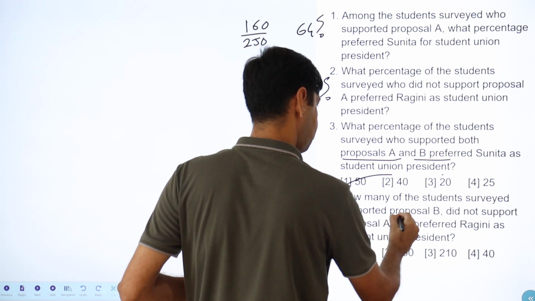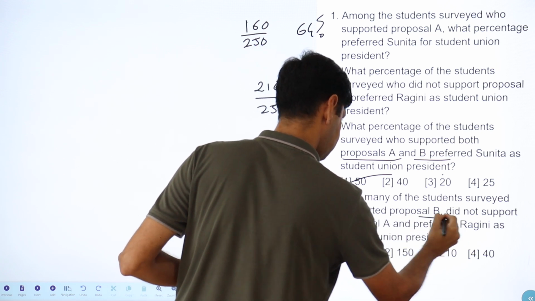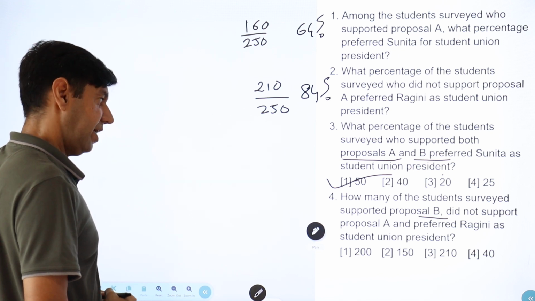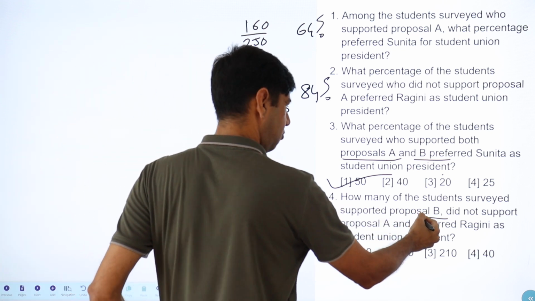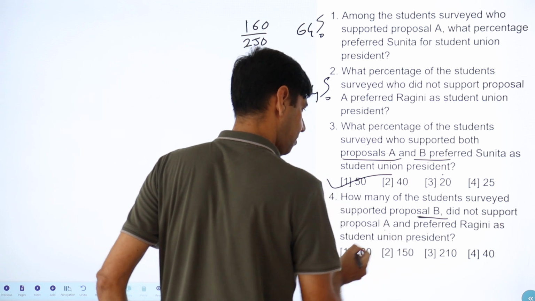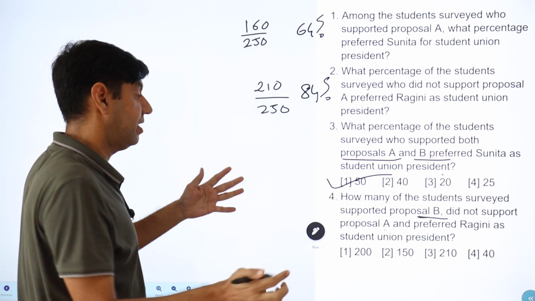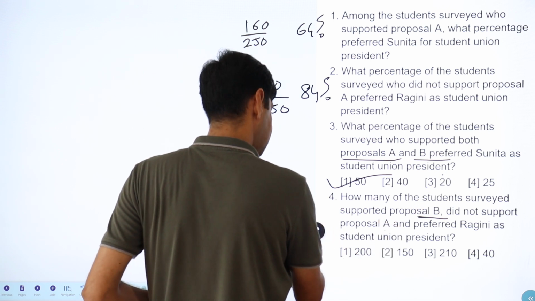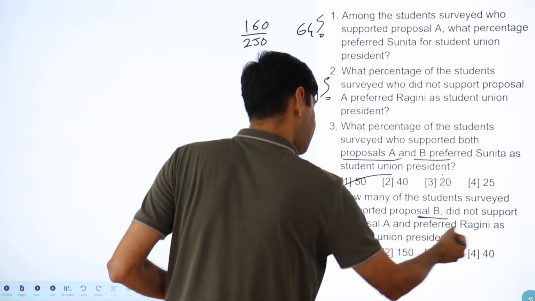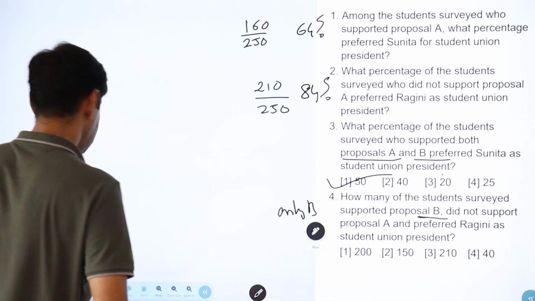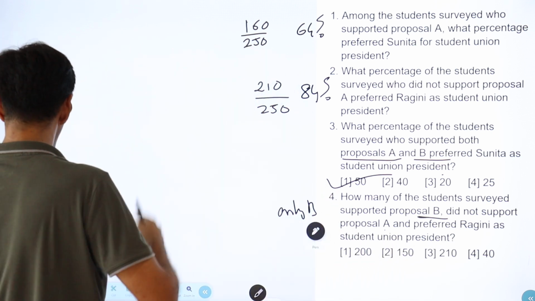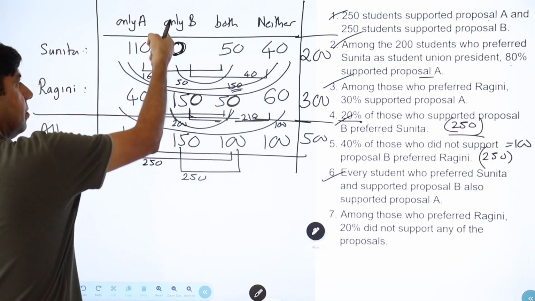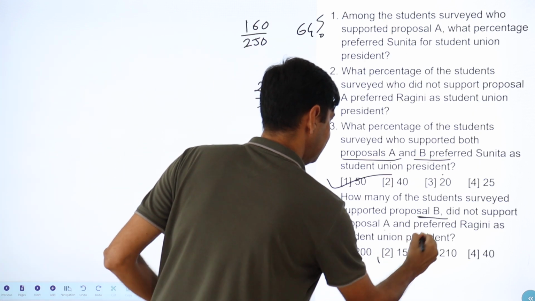How many of the surveyed supported proposal B, did not support A, so this is only B, and preferred Ragini as student president? So only B, where are we? Only B, 150 preferred this. So 150 is the answer here.